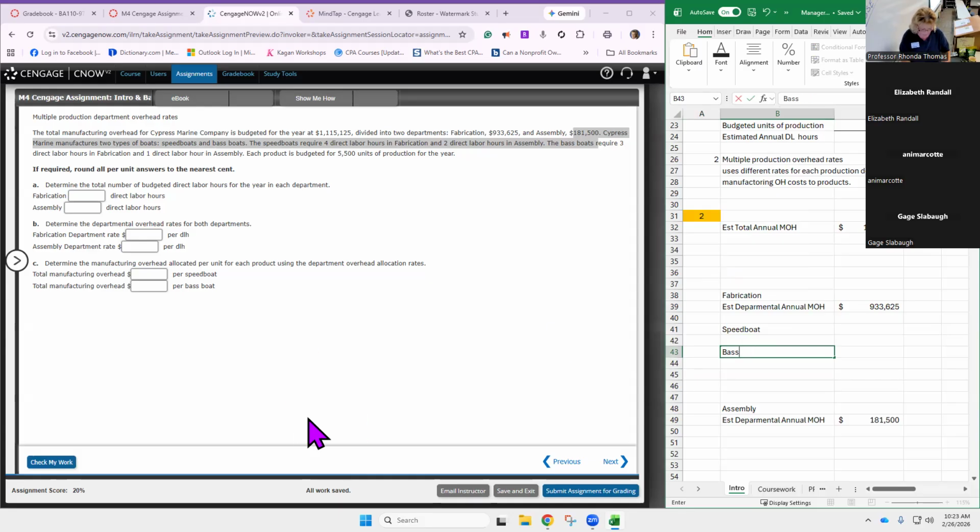Okay, and then we know how many fabrication hours that they have. And like I said, I'm going to indent these because they fall under the fabrication department. So I'm going to indent just a little bit here, so they belong under that.